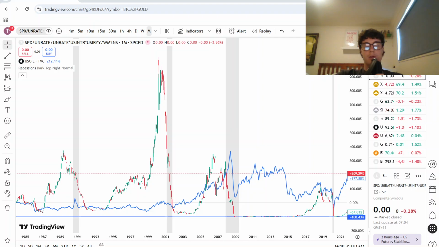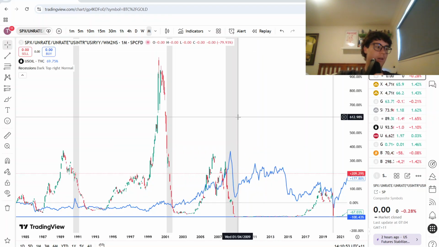However, oil can spike in early business cycle conditions, and it's not necessarily a negative thing. It's only when oil spikes towards the end of a business cycle that it shows signs that we are heading towards a recession and a reset of the business cycle.